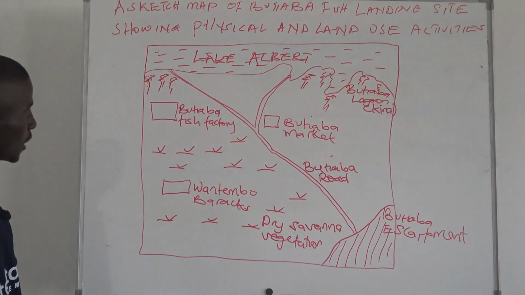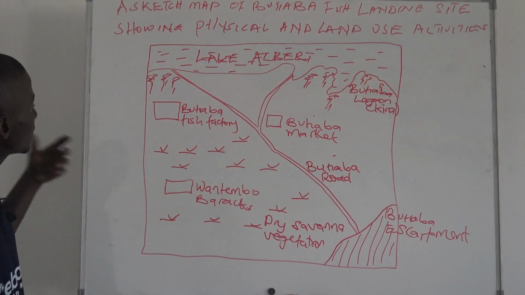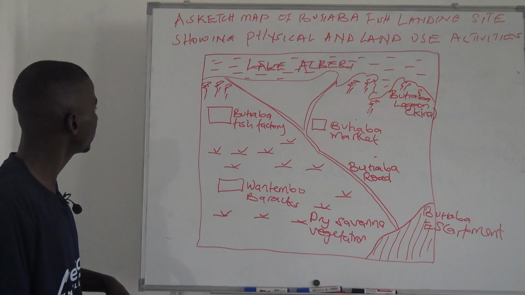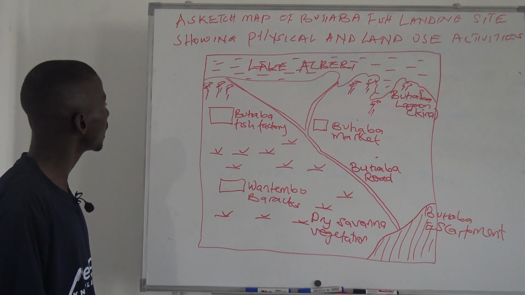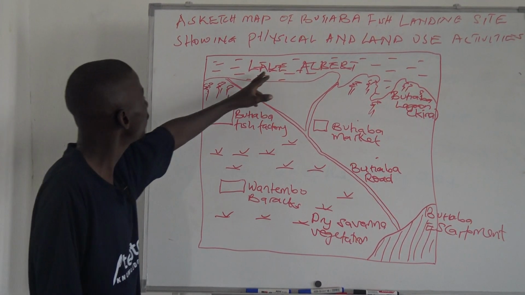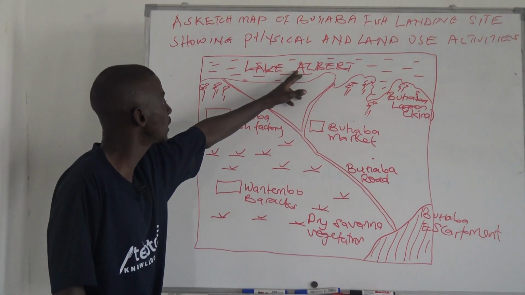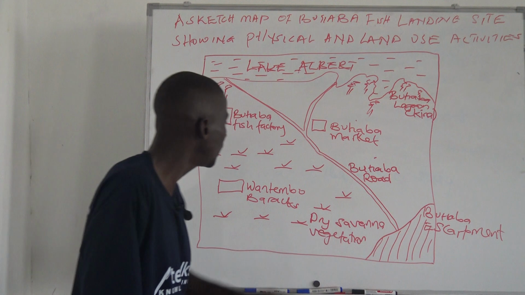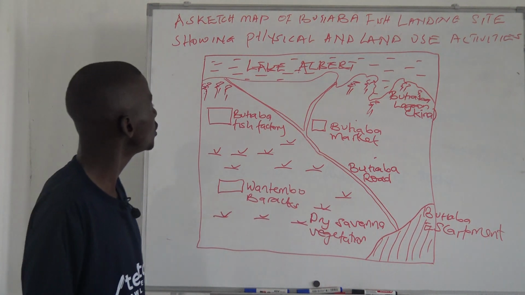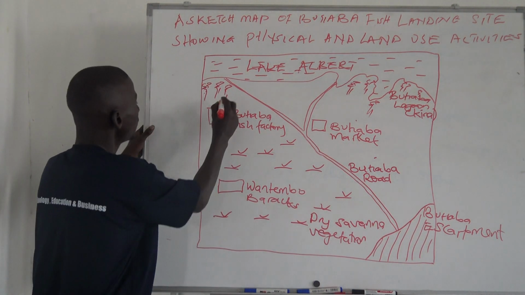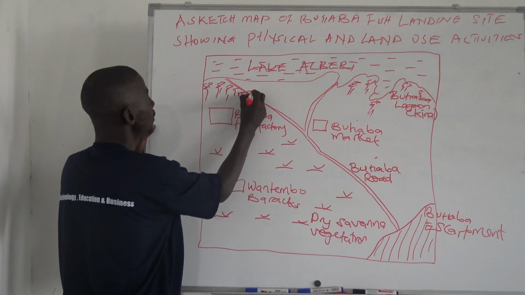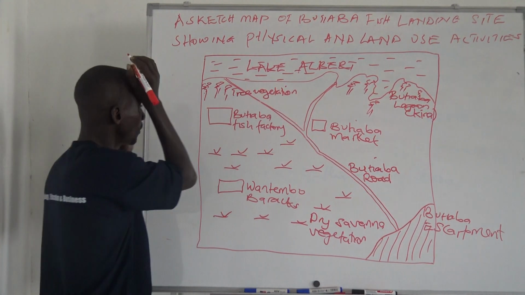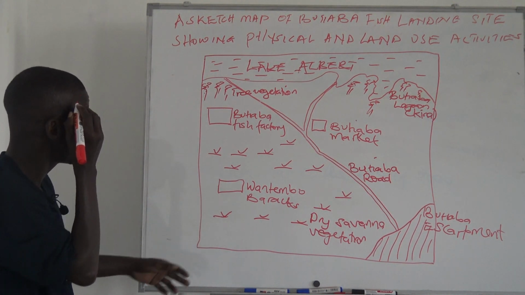A road. So you ask yourself, I said at least you have 3 physical features and 3 land use activities. One of the physical features is we have a lake here. We have the Butiaba escarpment, the dry savanna vegetation, palm trees, tree vegetation, and so many other things.